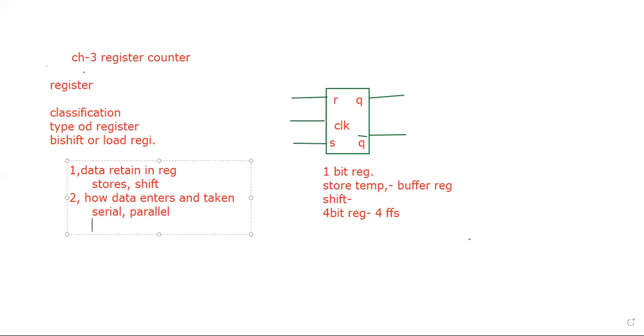We will have 4 different types: serial in, serial out, then serial in, parallel out, then parallel in, serial out, and parallel in, parallel out. Understand? So these are the 4 different types of register on the basis of data entering and going out.